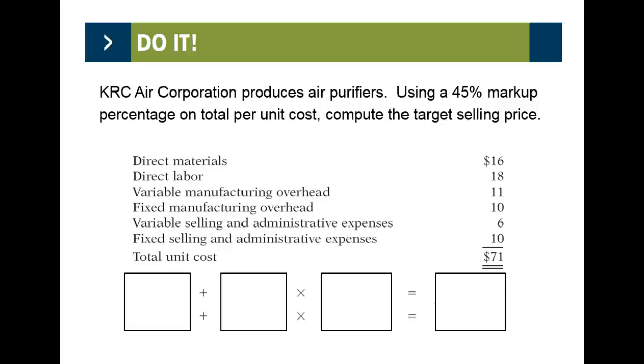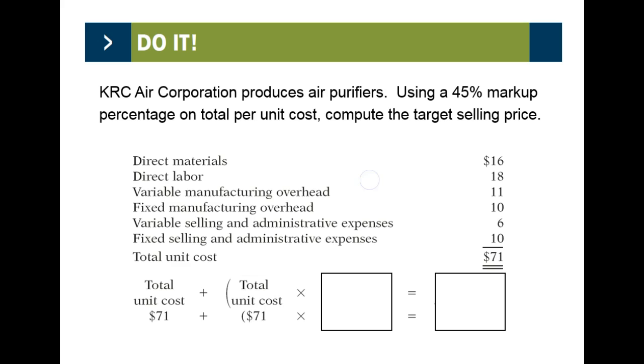So we've got $71 as the total unit cost, okay? Now it wants to use a 45% markup on the total unit cost. So how are we going to determine that?